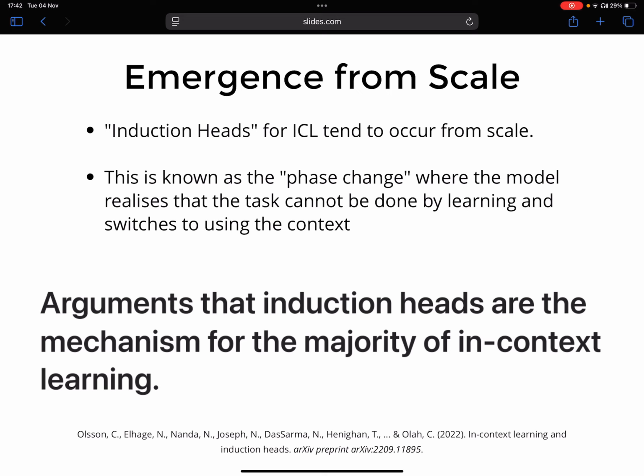But we also know that it comes from a phase transition and it's not a guaranteed thing. And again, you would have seen this in your projects. Some of you trained and got 25% and your model was fine. Others got to 90 or 100% or whatever it was.